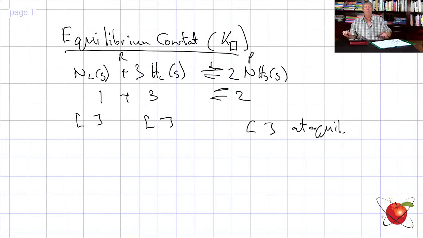Now, at equilibrium, there is some nitrogen, there is some hydrogen, and there is some ammonia. In other words, the equilibrium reactions are not reactions that we're going to run to completion. We are making a thing that is in the process. And at that point, the reaction has essentially stopped at equilibrium, hasn't it?